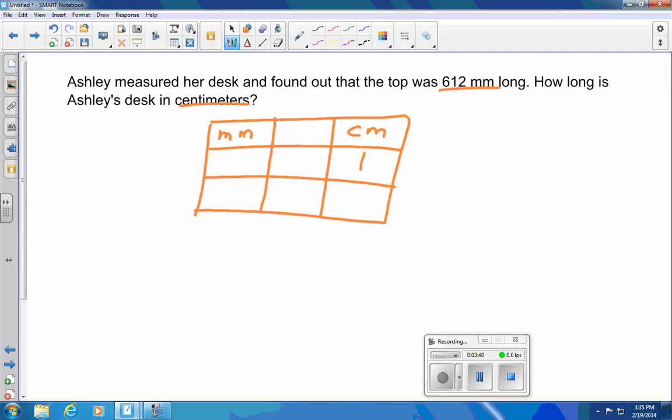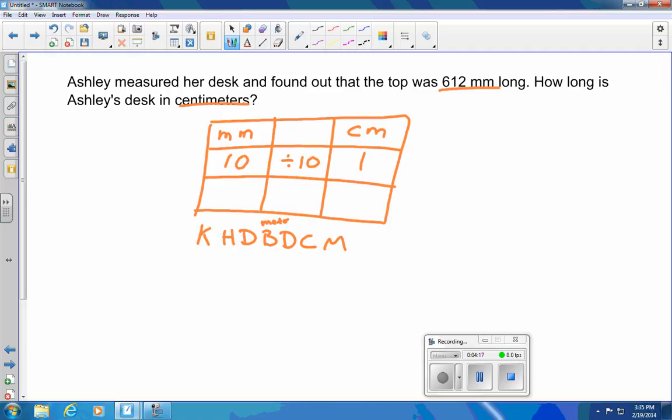So centimeters are larger, so 1 centimeter is equal to 10 millimeters. So I am dividing this by 10. Again, if you don't know that, King Henry Dunks Big Donuts and Chocolate Milk. And since we're talking about meters here again, my base is a meter. So that'll help remind us of that.